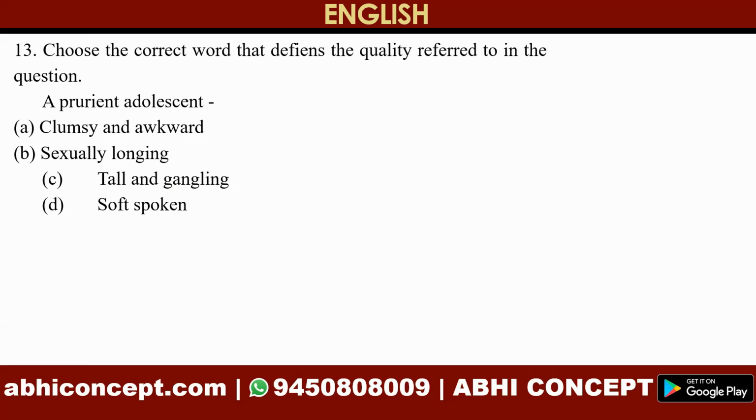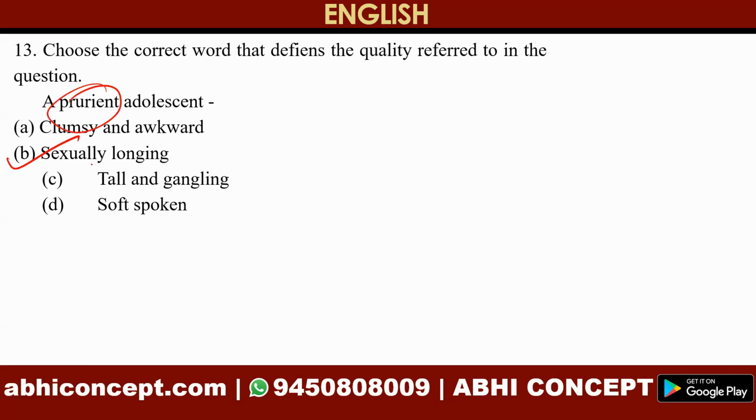Prurient is somebody who is invested or involved in having knowledge of sexual activities and knowing about how the sexual matters of other people are going on, so it is related to basically sexual interest. So B is the right answer.